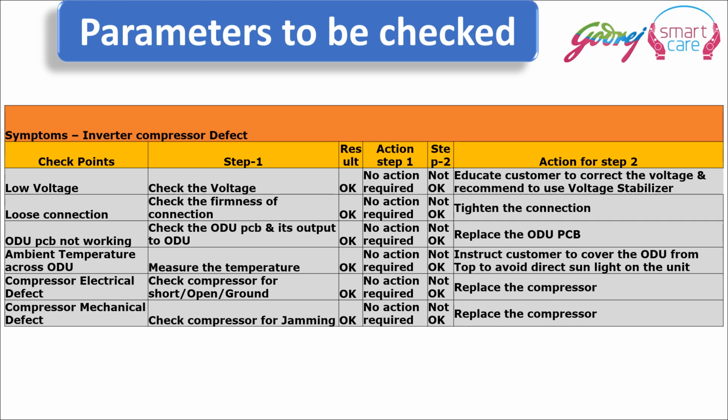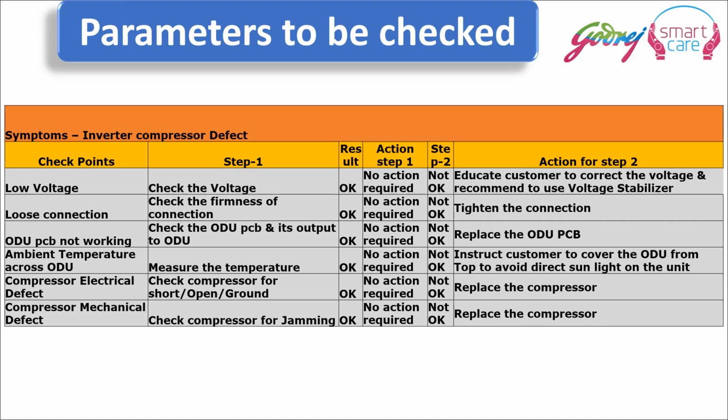If the temperature is as per the specification given, then no action is required. In case there is an increase in the temperature, then we have to instruct the customers to cover the outdoor unit from the top in order to avoid direct sunlight on the unit.